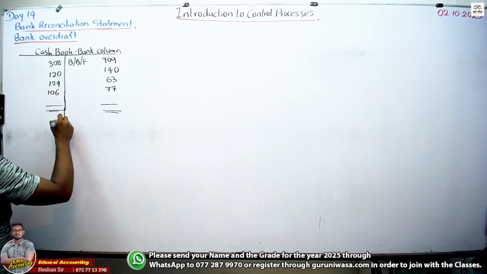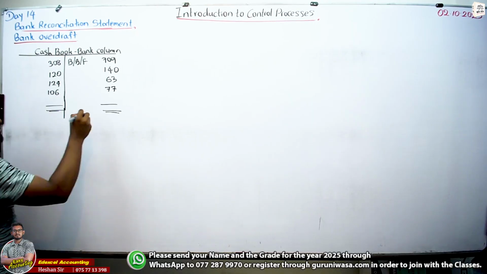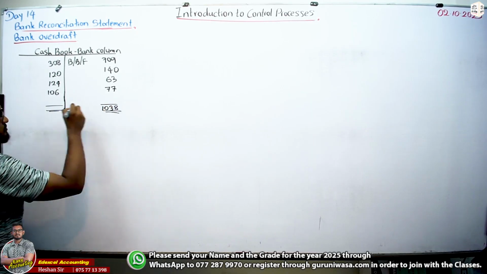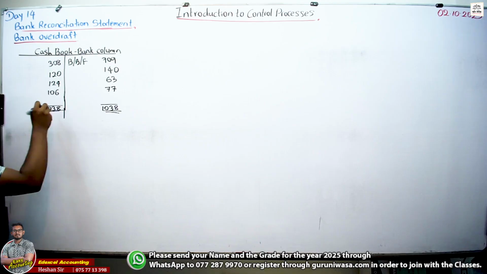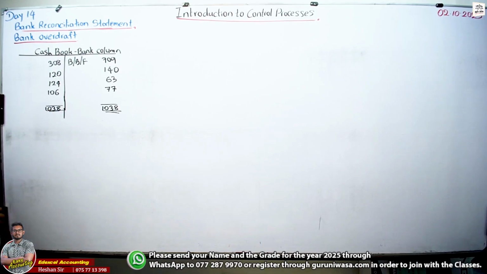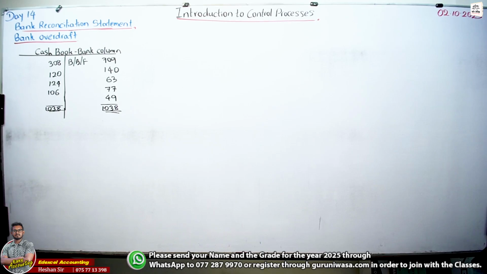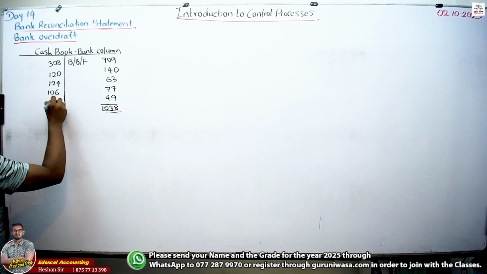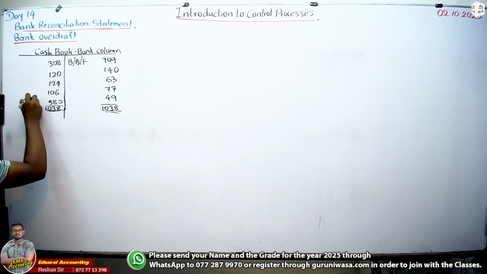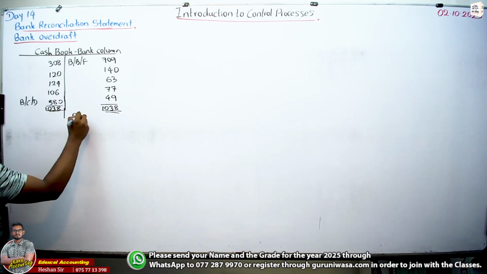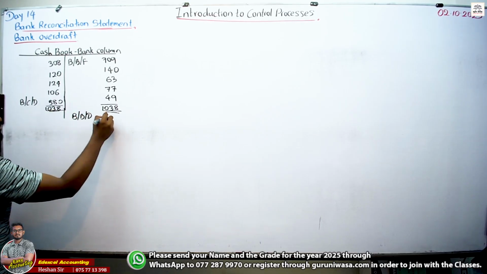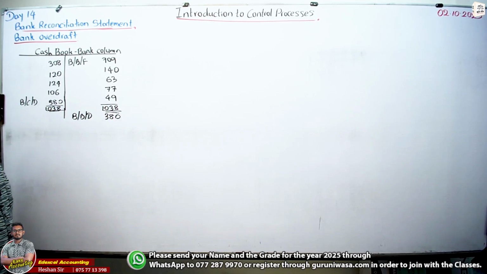Once we get the total, 1038, 1038, 49 is also there. 380. If the balance goes to the credit, which means this is an overdraft, understand?